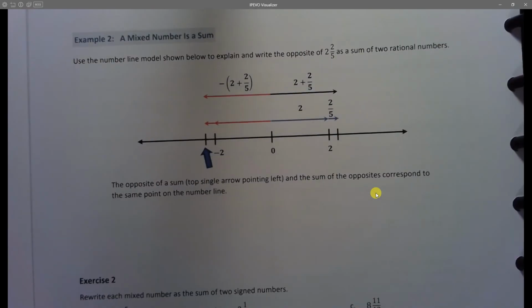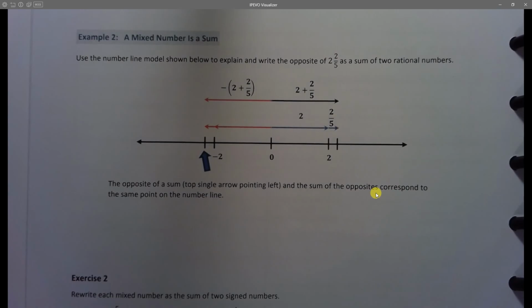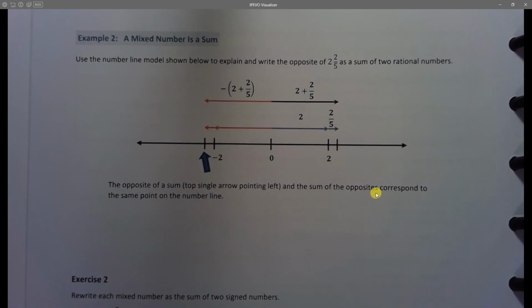Oh, wow, look. Example 2. A mixed number is a sum. Wow. I didn't know I was doing that. I took a mixed number and I wrote it as a sum of two numbers.